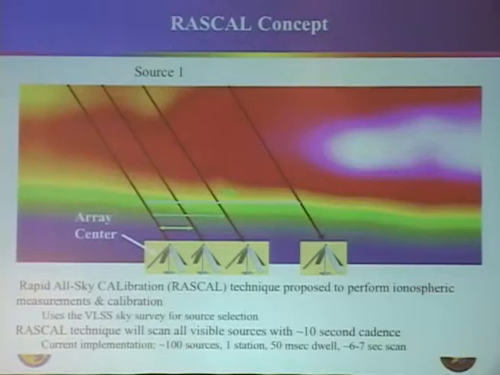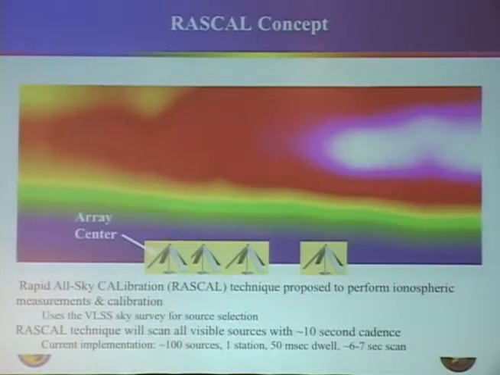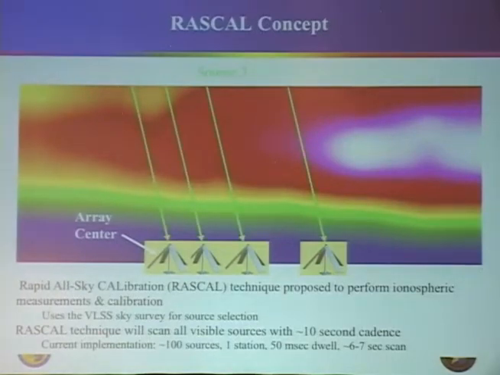They intend to produce ionospheric measurements all the time using a technique where they rapidly scan the sky. This is a phased array antenna, and it takes them about 6 to 7 seconds per scan, and they typically hit about 100 sources. And so effectively you can get self-calibration type measurements all over the sky.